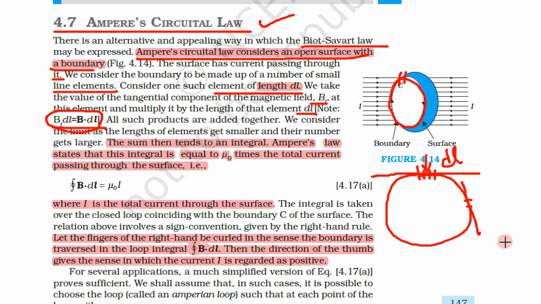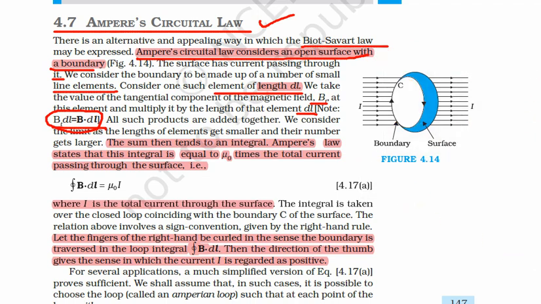For this tangential component, we can see that this dl and this tangential component have theta equal to 0. The angle is 0. Now what they are trying to say is that if this tangential component is Bt and we multiply it with the length of that small element, we can write it in vector form, B dot dl. Why?